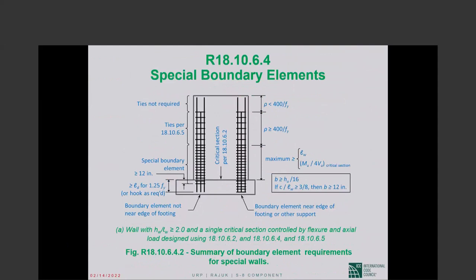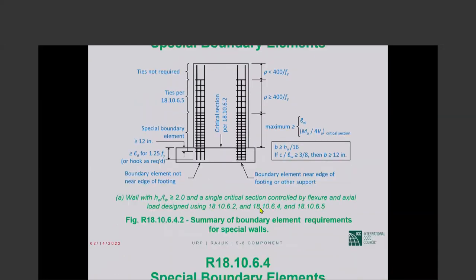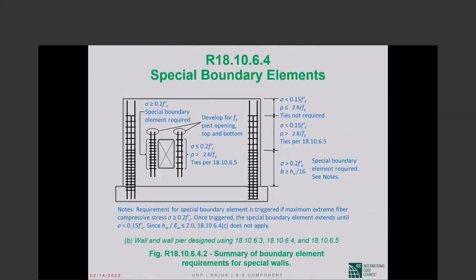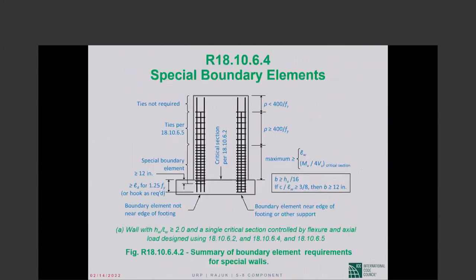Okay, then SEI 318-14 has added two figures which I think are very useful. The difference between the two figures is here we have used the displacement-based approach. In the other figure, we have used the conventional approach. That does not make any difference.